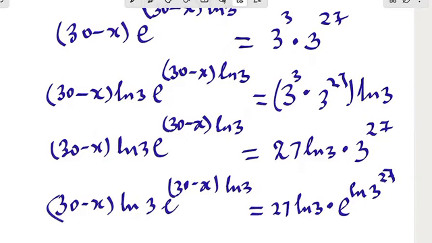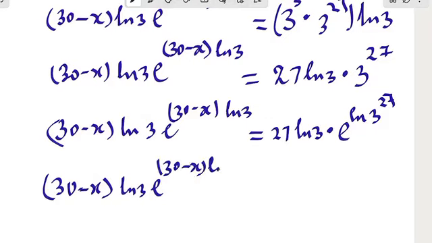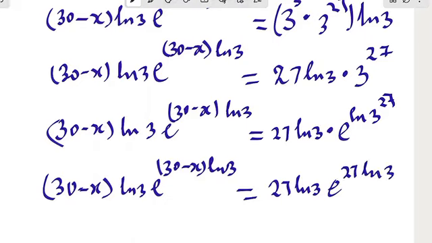So from there, we're going to have (30 minus x) ln of 3 e to the power of (30 minus x) ln of 3, then equals 27 ln of 3 e to the power of 27 ln of 3.